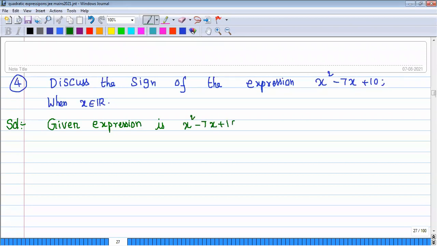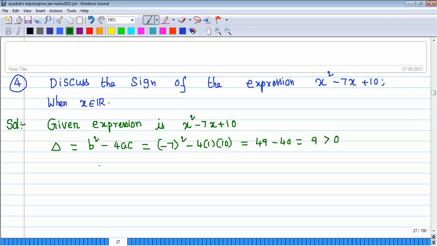Delta is b square minus 4ac, that is minus 7 square minus 4 times 1 times 10. 49 minus 40 will be 9. It is positive, greater than 0.